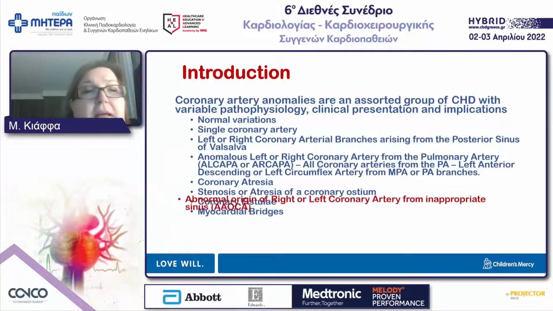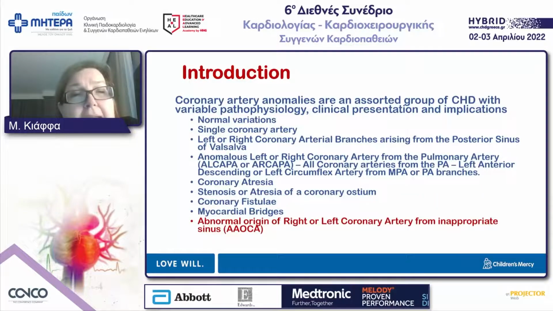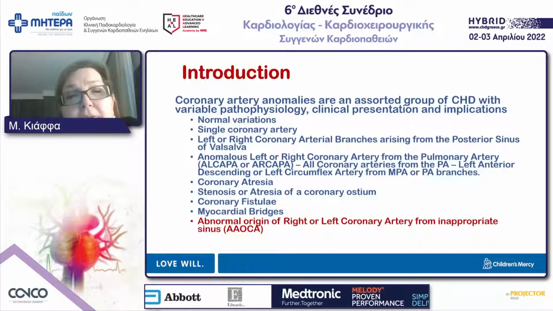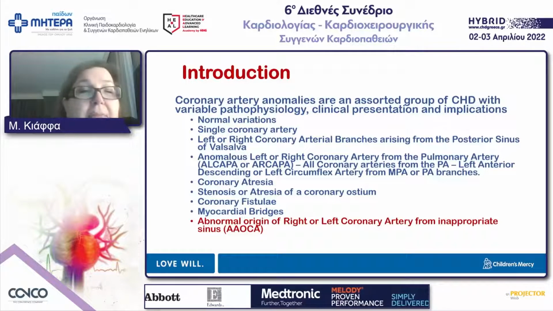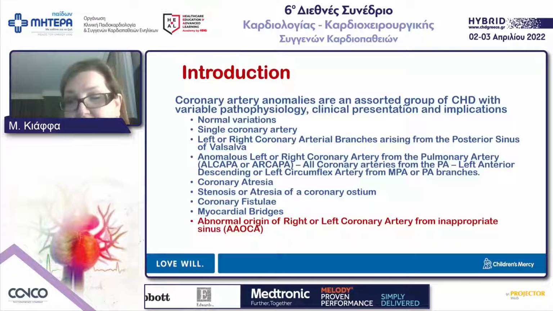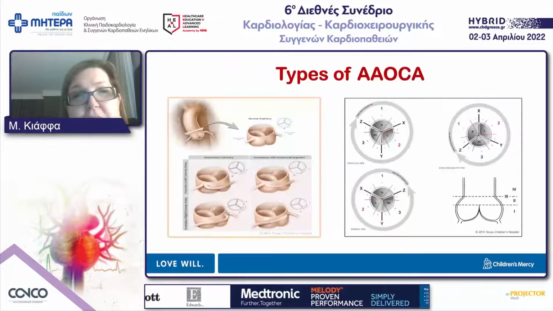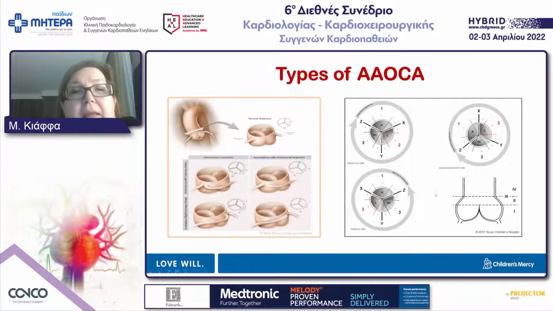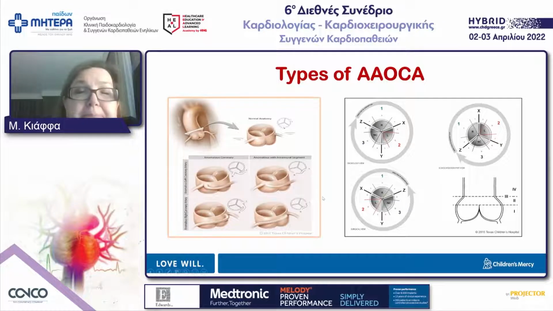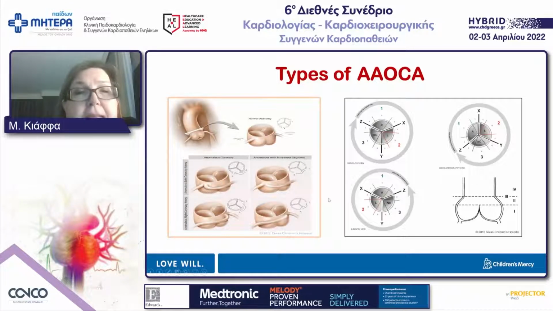But what we're going to concentrate on today is the abnormal origin of the right or the left coronary artery from inappropriate sinus, AOCA in abbreviation. The types of abnormal coronary origin are mainly two.